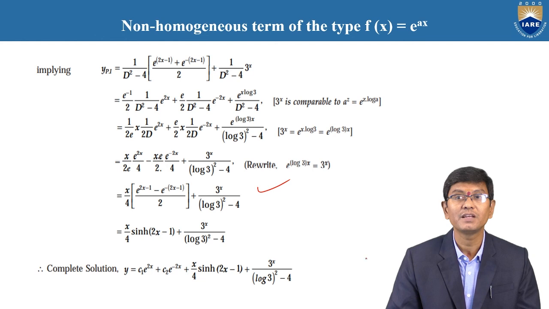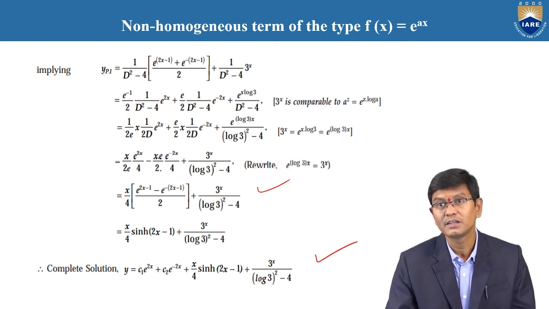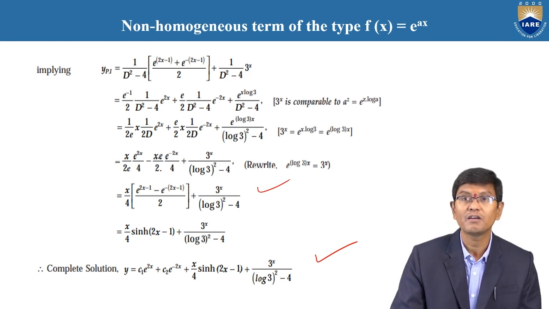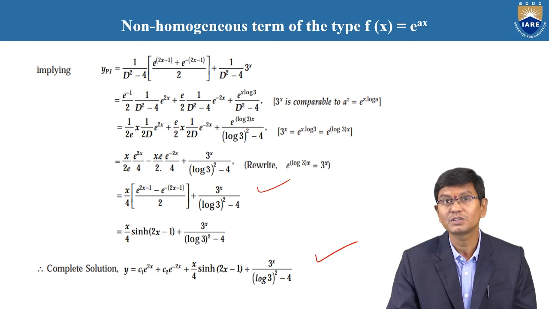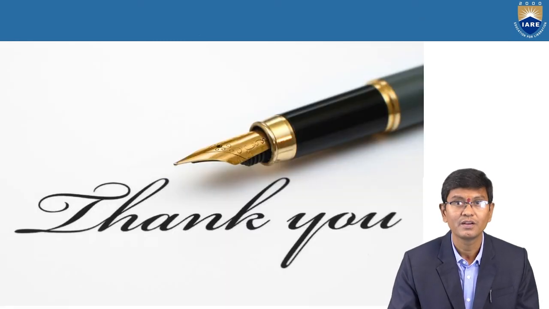Therefore, the complete solution of the equation is y equal to c1 e^2x plus c2 e^(minus 2x) plus x by 4 sinh(2x minus 1) plus 3^x by ((log 3)^2 minus 4).